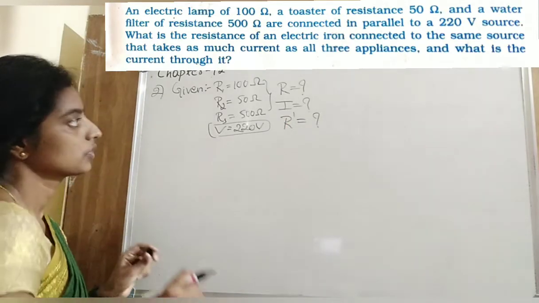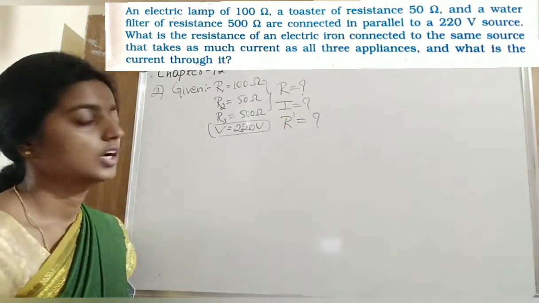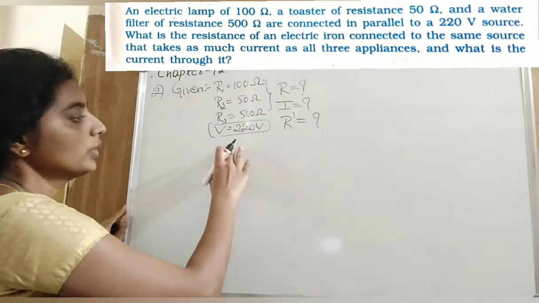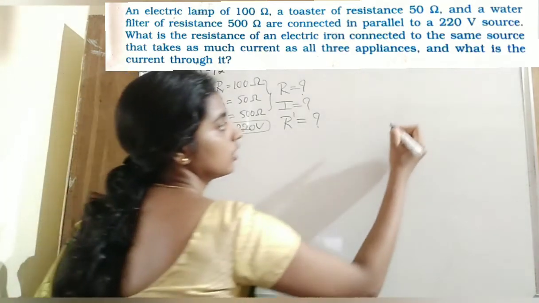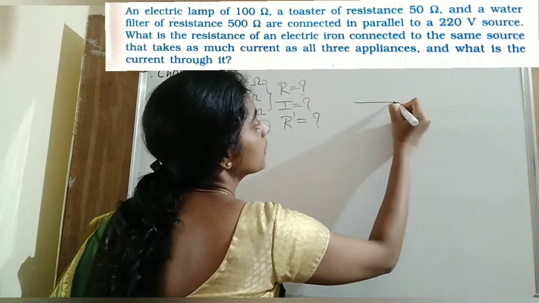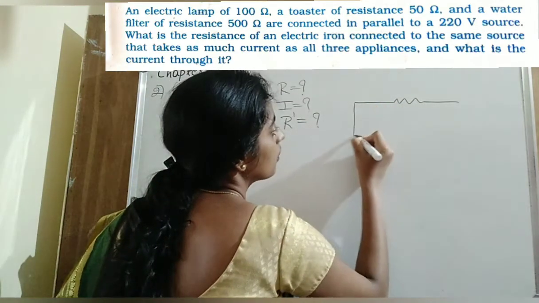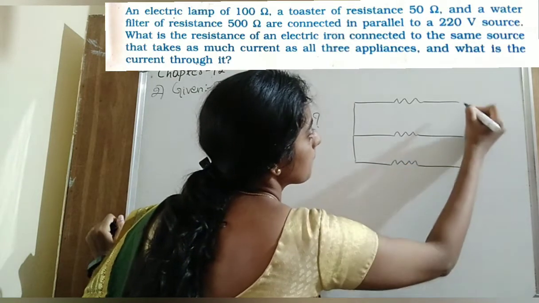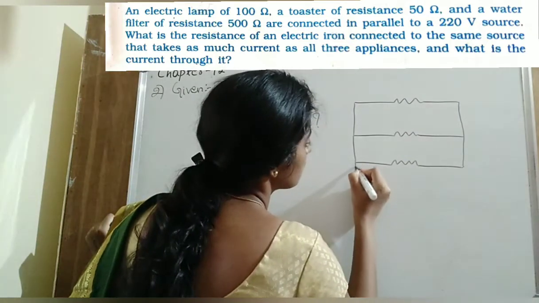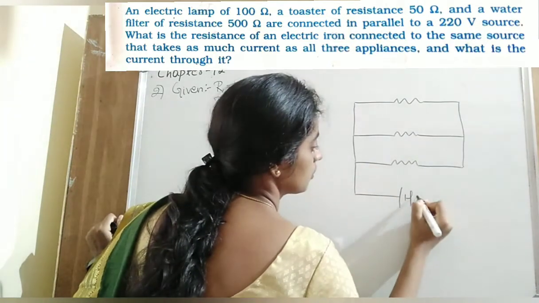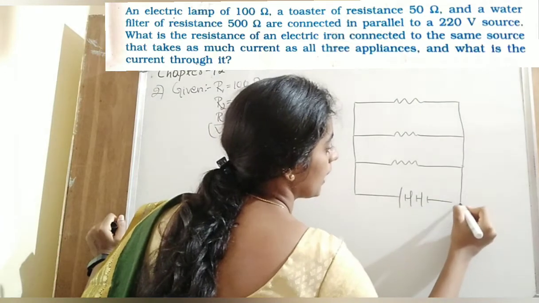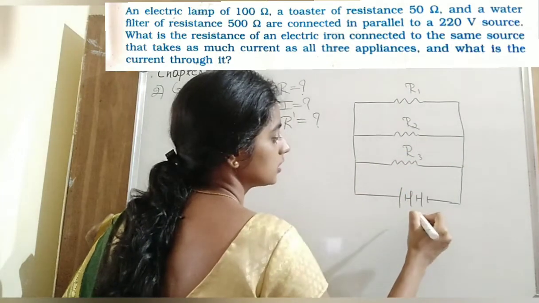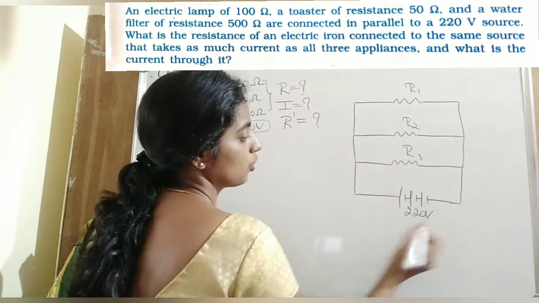So let us solve. First draw the diagram. Look at the question and draw a circuit diagram. These three resistors are connected in parallel with a 220 volt battery. The circuit will be R1, R2, R3, and this is connected to the battery, that is 220 volt.